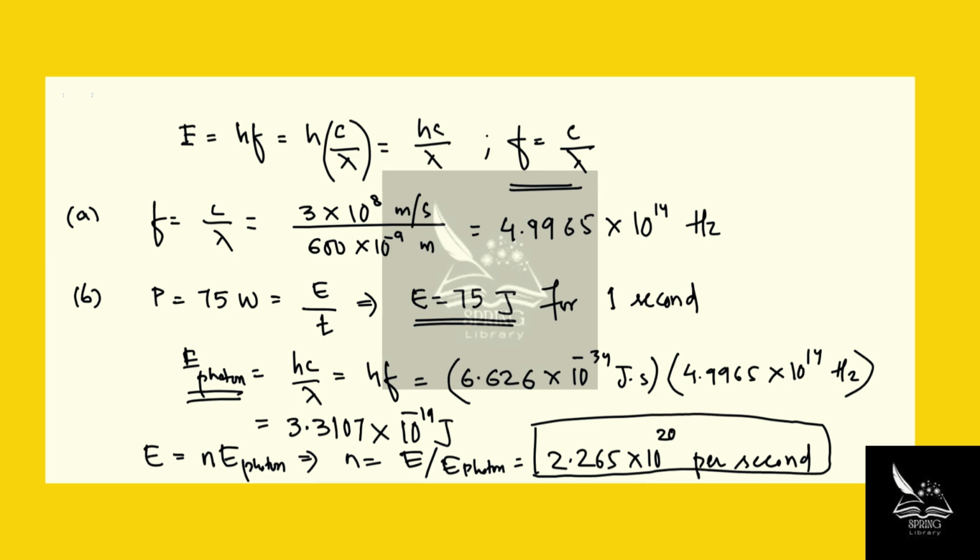And that obviously means that the frequency and the number of photons emitted per second are not equal. The number of photons emitted per second is proportional to the power, and the frequency is proportional to the energy.